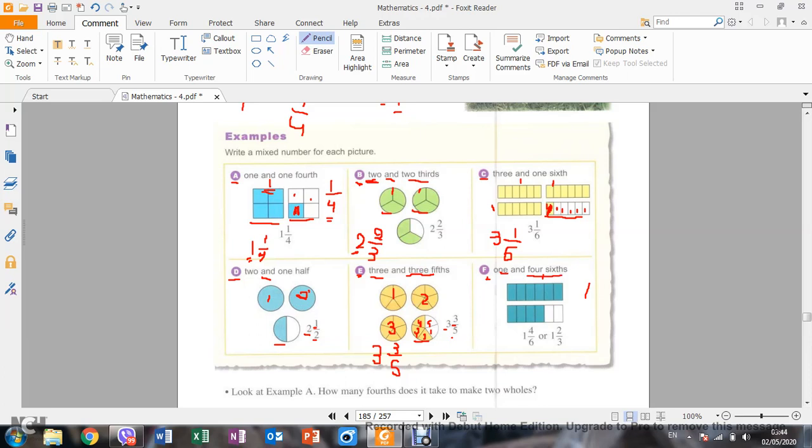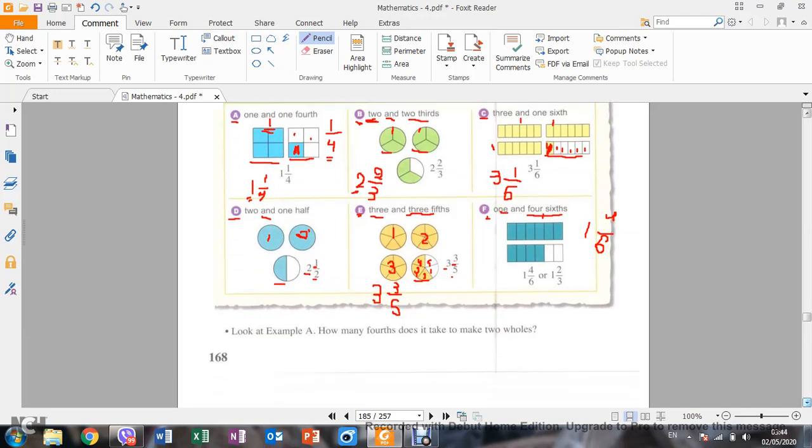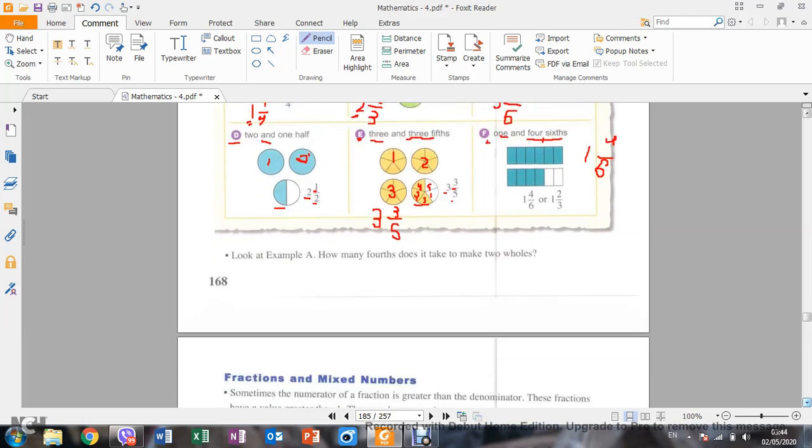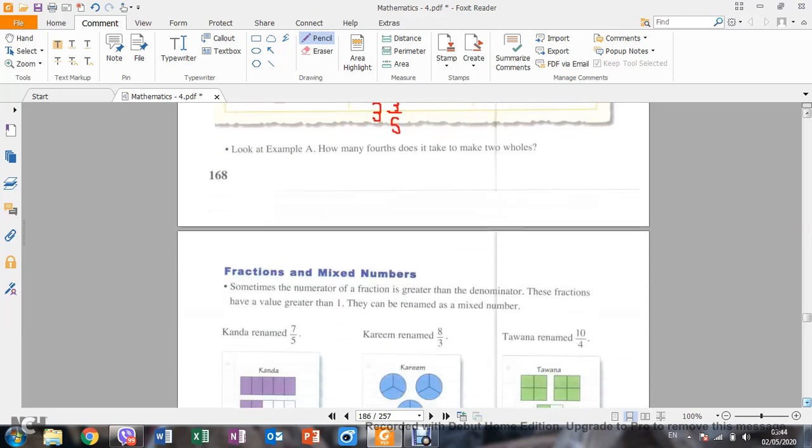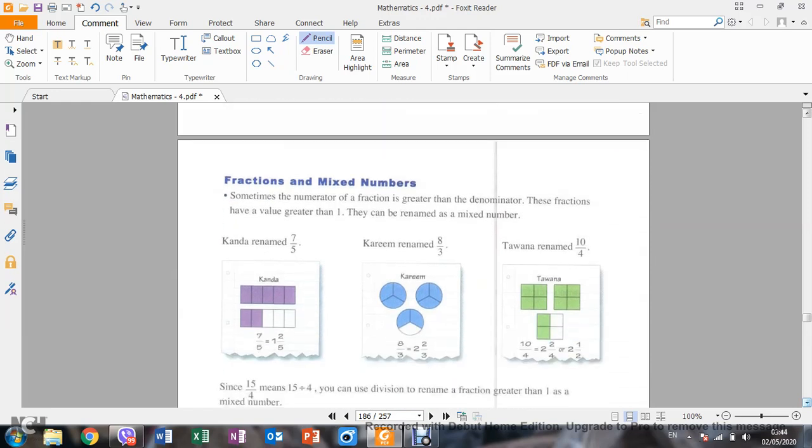We have fractions. 4 directly means our numerator is 4, over 6. Here, by using the model and by reading, we can write these fractions.